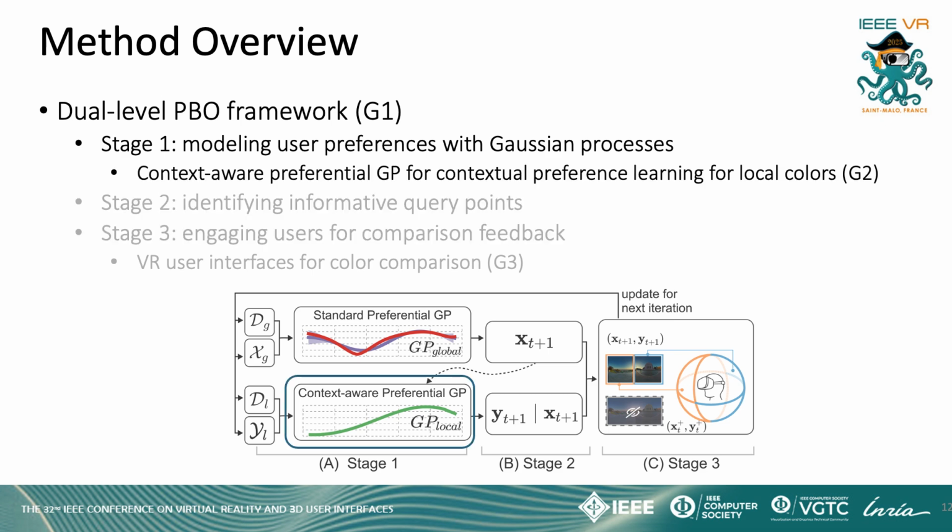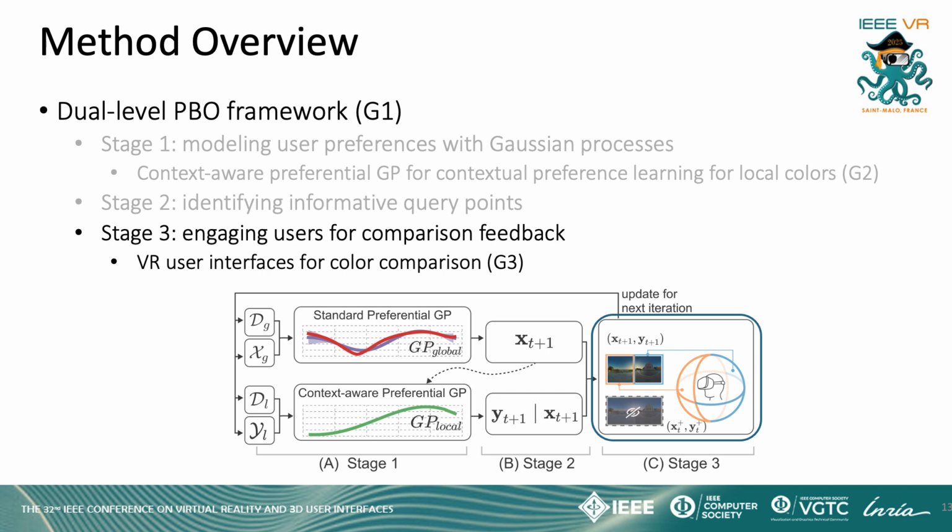In stage 1, we propose a novel context-aware preferential Gaussian process for contextual preference learning for local colors, which considers the influence of global colors. In stage 3, we design and assess 3 VR interfaces that allow creators to compare colors.